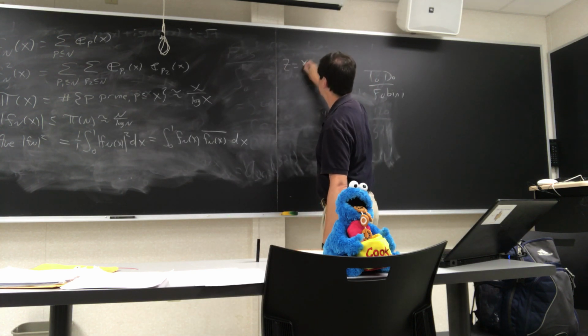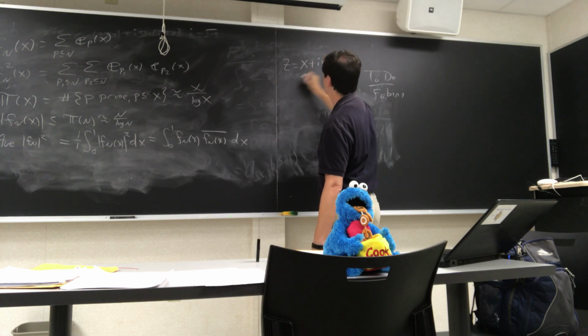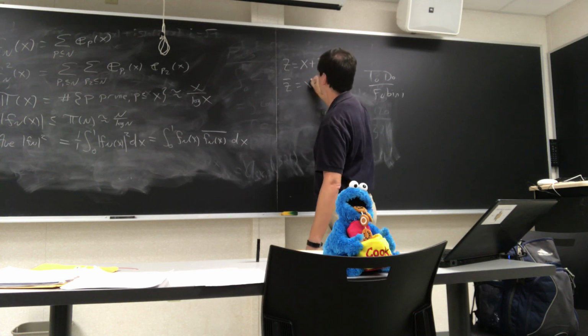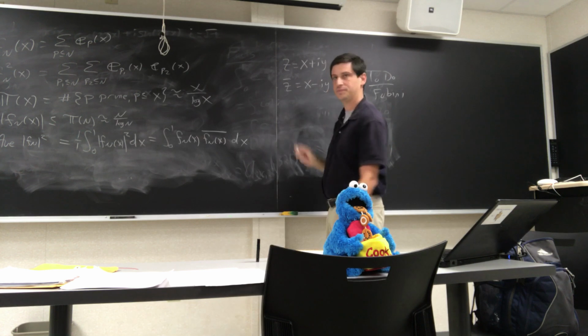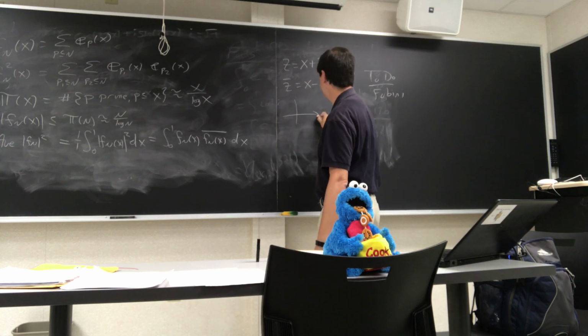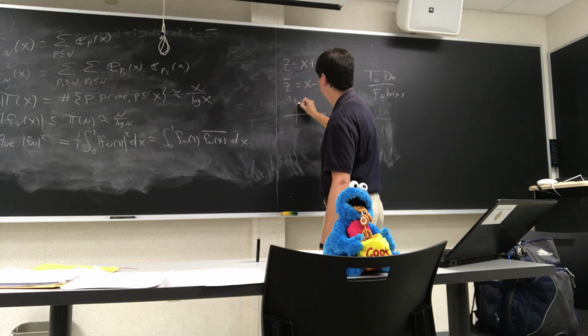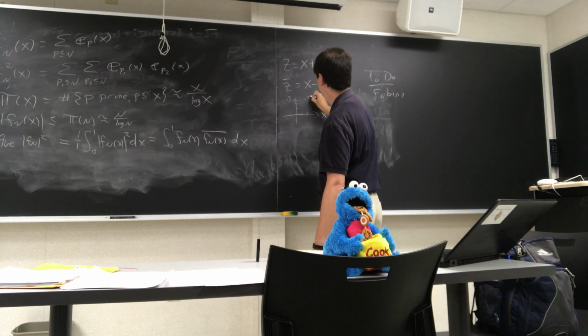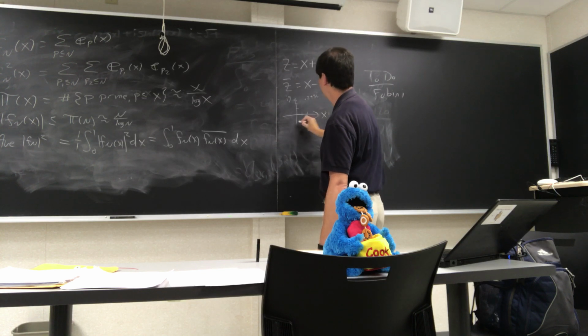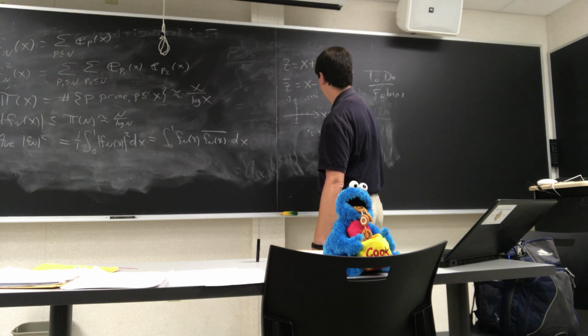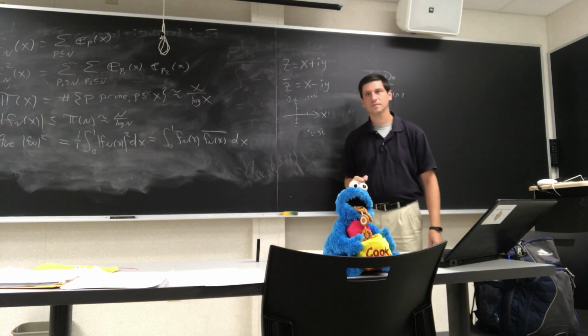If z is x plus iy, the complex conjugate of z is x minus iy. When you draw things in the complex plane, with the x axis and the iy axis, if I give you the point 2, 3, that is 2 plus 3i, then its complex conjugate would be down there.